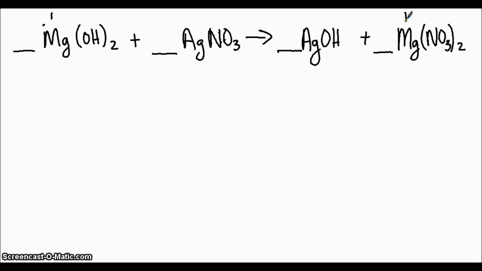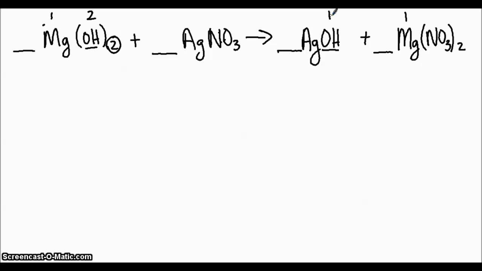Then I go to the next one, and here's my little trick. If you have a polyatomic, like OH, treat it as one thing. How many OHs do I have here? I have 2. On the other side, here's my OH again, but there's only one. That's not balanced.